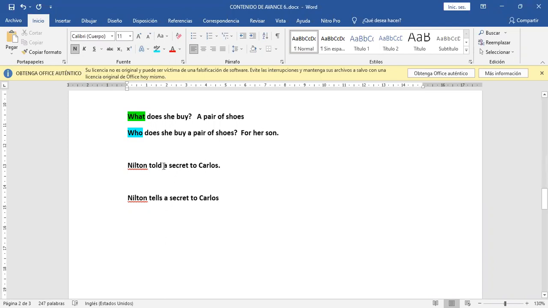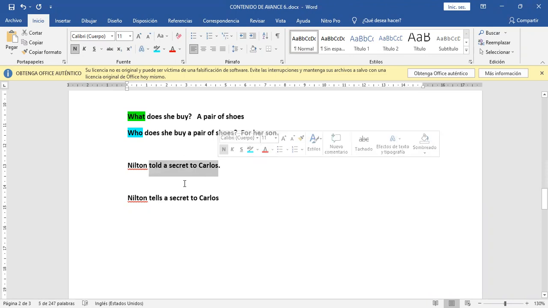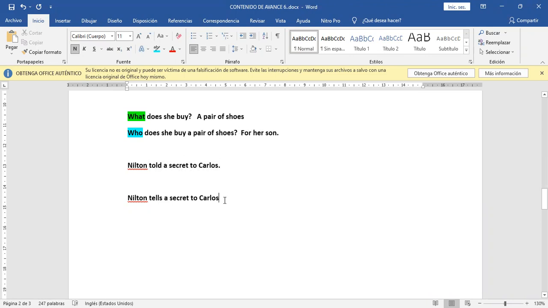What's important? Objects. Now, which one is the direct object? Which one is the indirect object? Teacher, can I participate? Yes, Leina, do it. Okay.